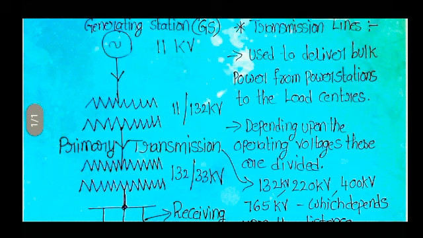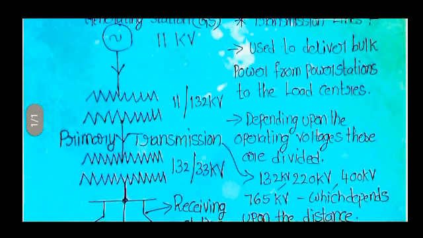Here you can observe the primary transmission lines. We are going to step up the voltage level from 11 kV to 132 kV. It mainly depends upon the operating voltages, and these are divided depending upon the distance and the amount of power to be transmitted.